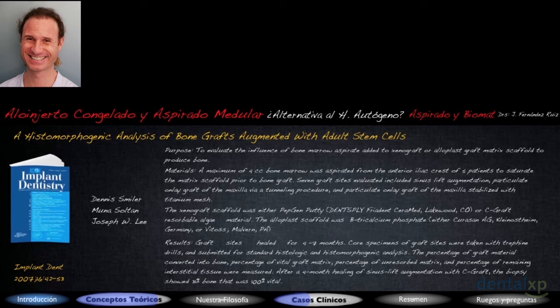So when the bone marrow aspirate containing adult stem cells is mixed with bioengineering graft materials, it will provide a scaffold to support the proliferation, differentiation, and maturation of the stem cells.